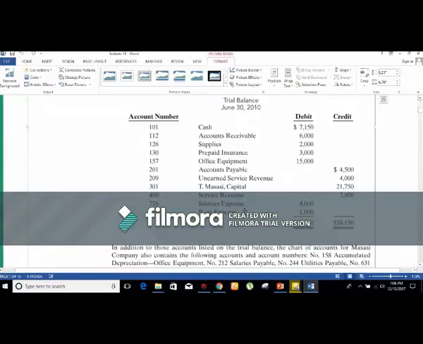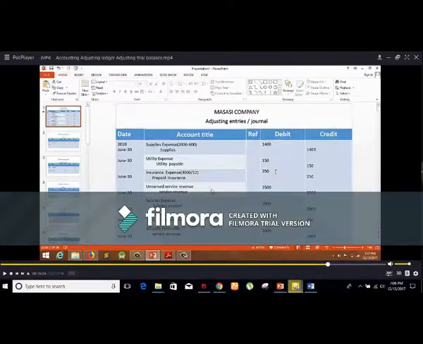And the next one is service revenue. Here, service revenue is given as 7,900 taka, which is a credit balance. And in the adjusting journal, is there any entry like service revenue? Yes, here it is.